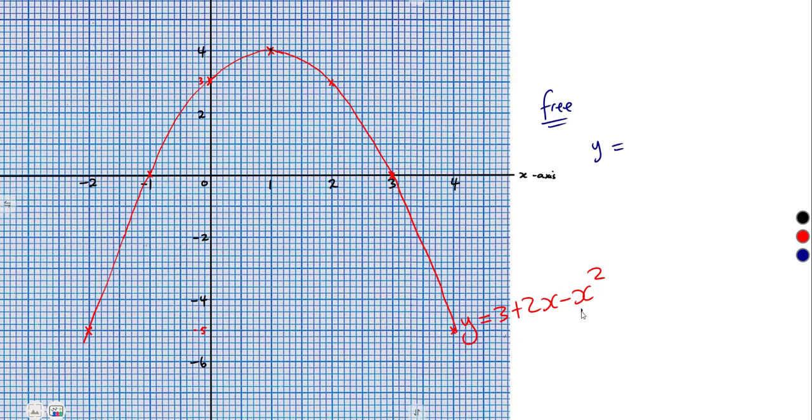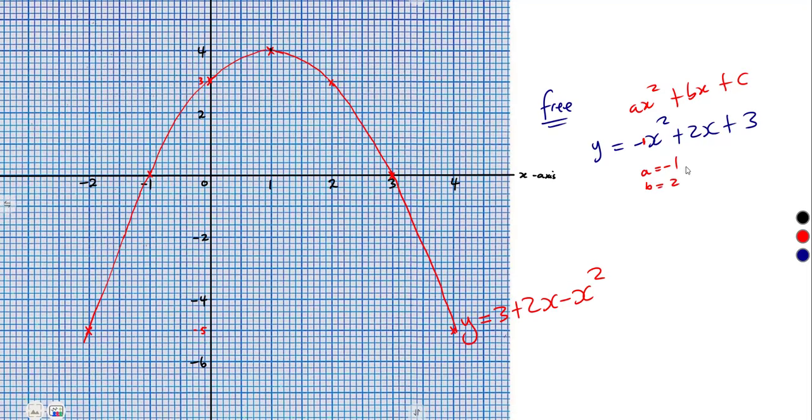Remember, here I said we can write it as minus x squared plus 2x plus 3. So we can see that from our format ax squared plus bx plus c, our a is minus 1, the coefficient of x squared. b is the coefficient of x. So our b is the number that is affecting x here. This one, positive 2.